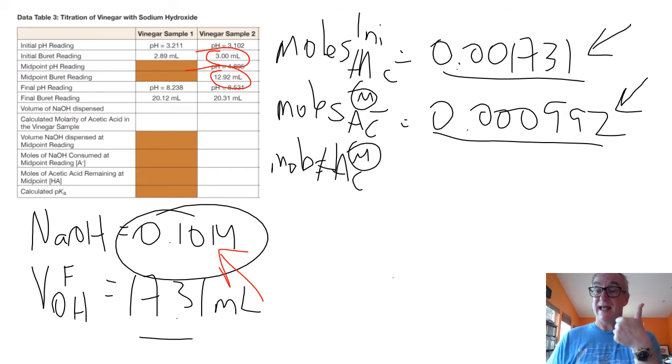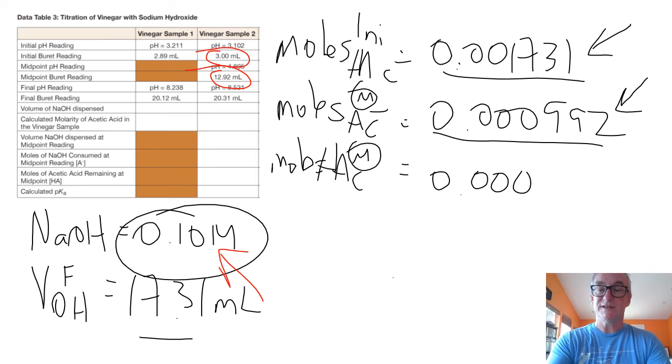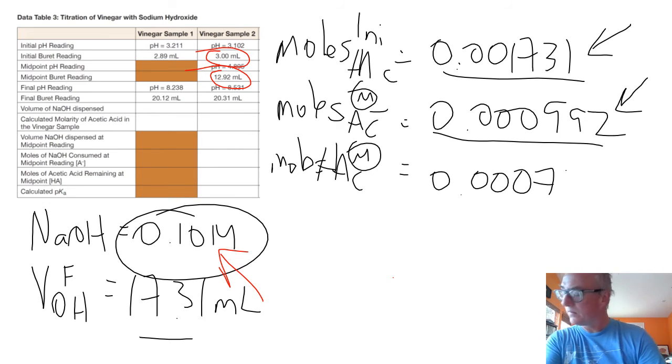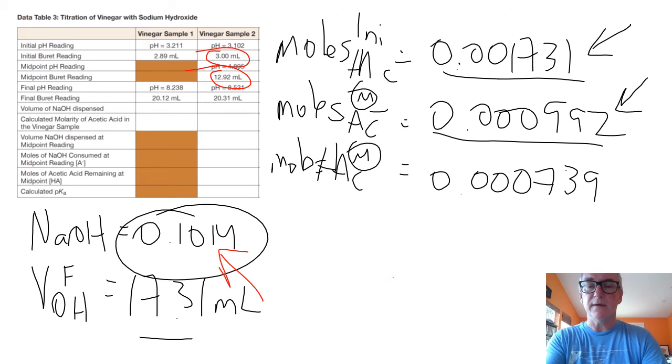The difference has to be the moles of acetic acid halfway. So what is the difference? The difference is 0.000739 moles. So I pretty much have everything I need to figure out what the pKa is.